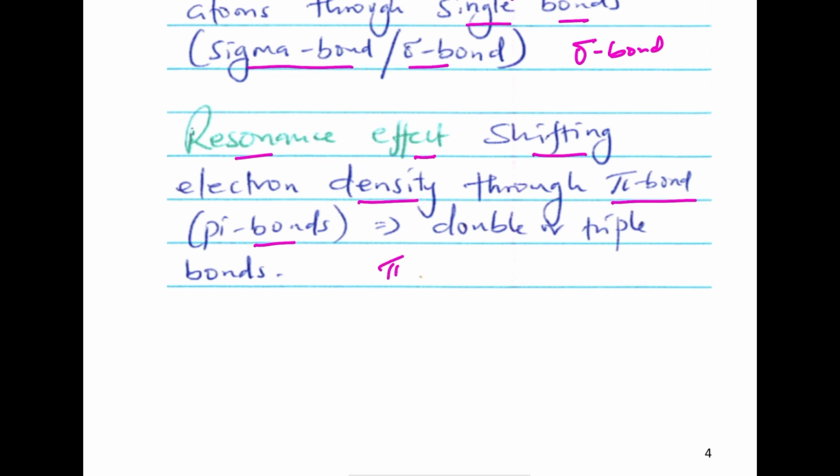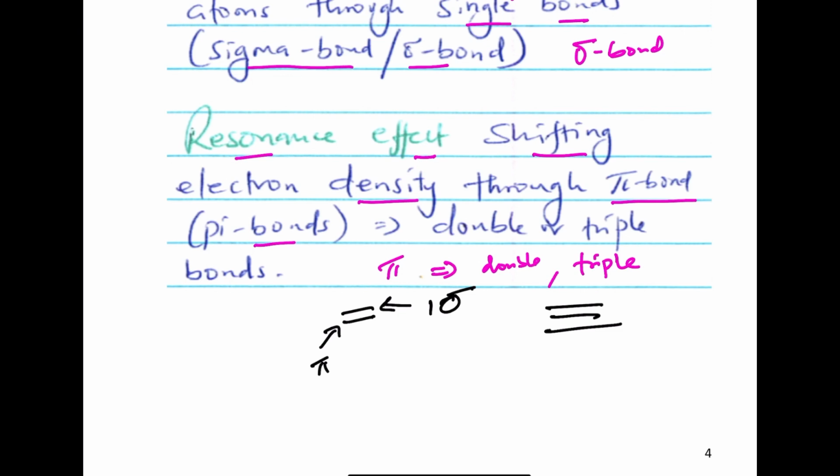And remember, pi bonds are found in double bonds and triple bonds. A double bond has one pi bond and one sigma bond. A triple bond, on the other hand, has one sigma bond and two pi bonds.